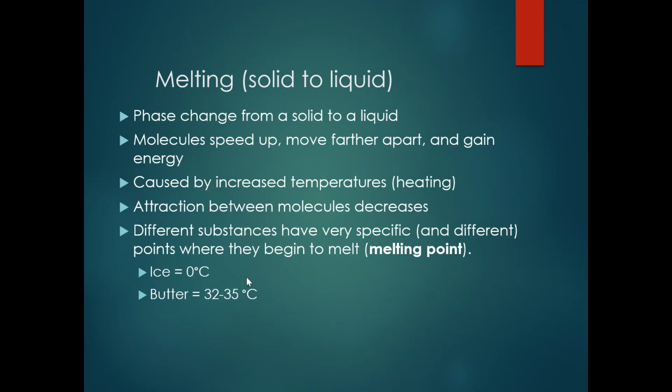It almost always happens by adding heat, and as you add heat, the molecules move faster, so the attraction the molecules have for one another decreases. And once it decreases enough, those solids, which are nicely packed, will be able to move freely as you overcome the amount of energy that is holding the molecules in an organized fashion.